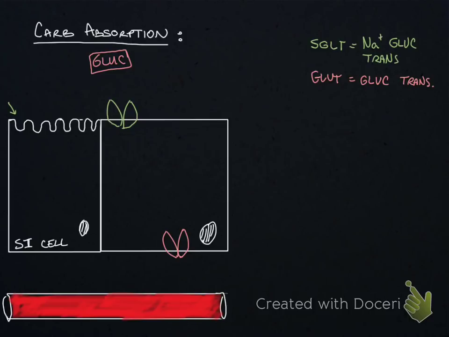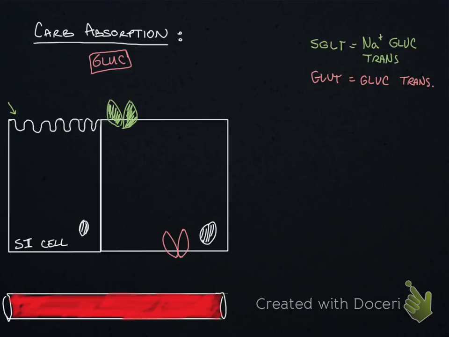Okay. So when we have carbohydrates that have been digested into small monosaccharide carbohydrates, such as glucose, they are ready to be absorbed by the walls of the intestine. And we're going to use an SGLT transporter to do this first.